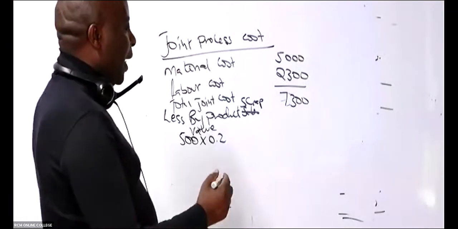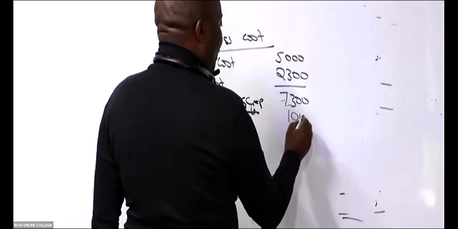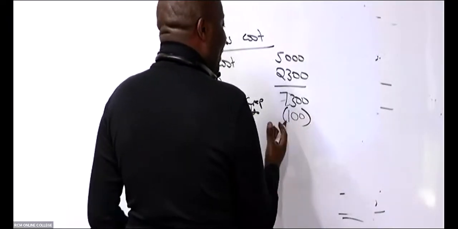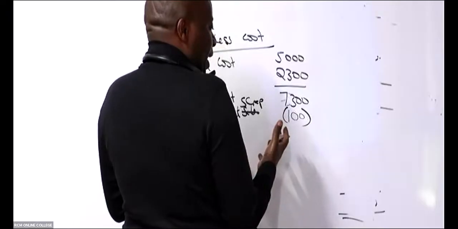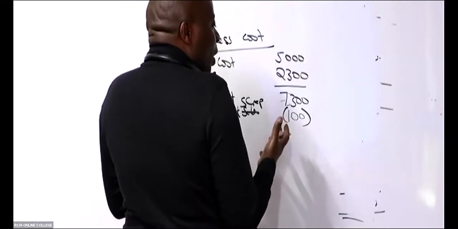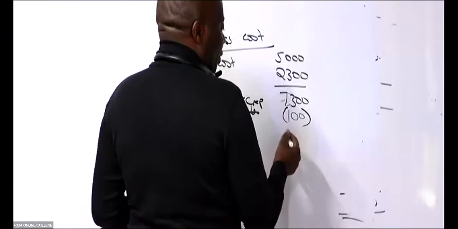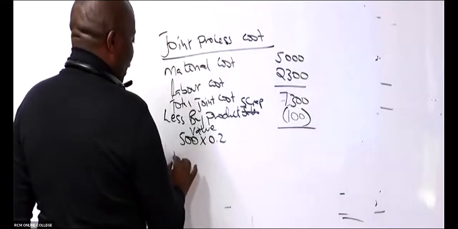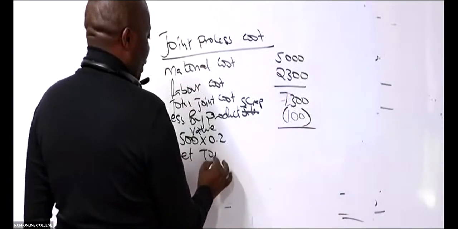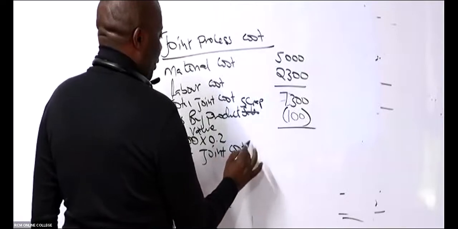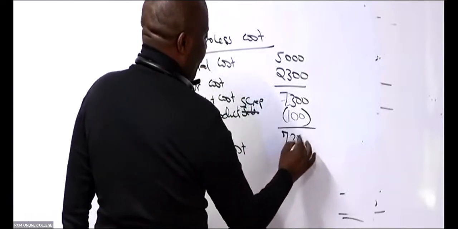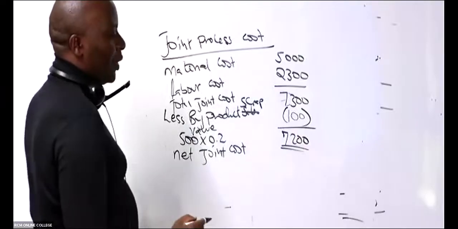So then this gives me 100. Remember, the byproduct relieves you; it reduces your total cost. So in this case, the net joint costs for apportionment are 7,200.